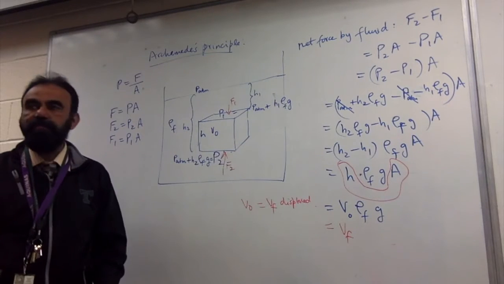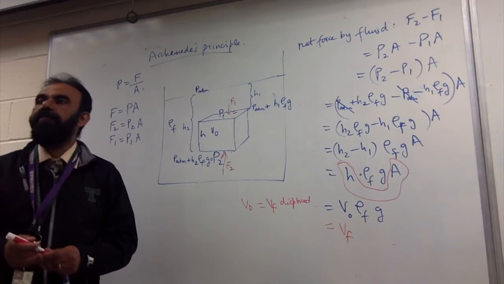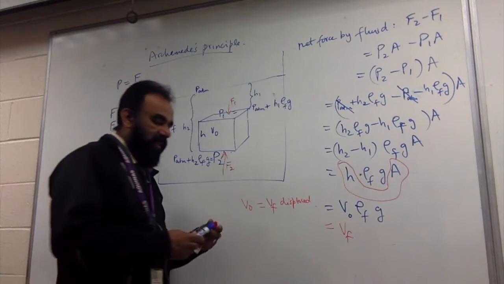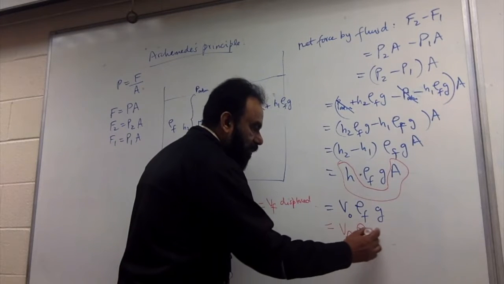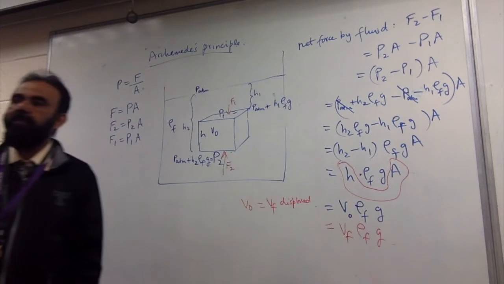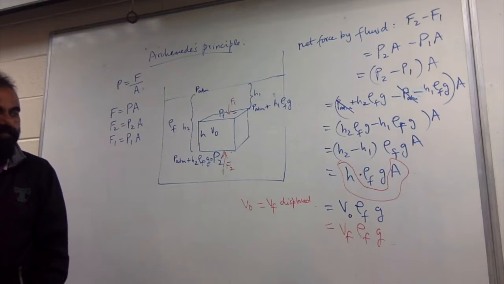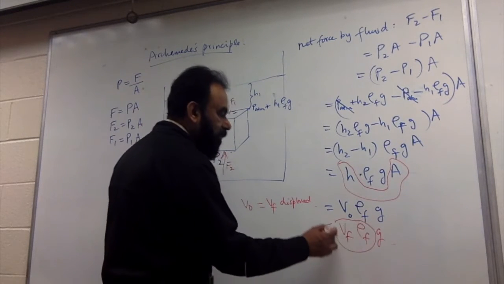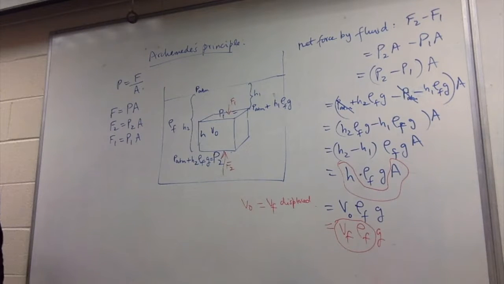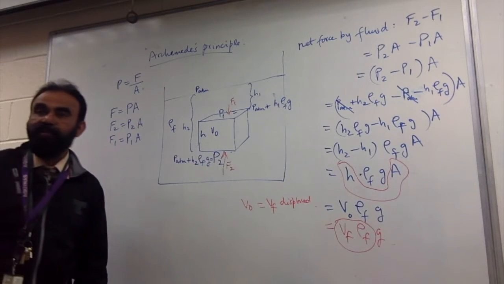Because it's fully inside the water, or inside the liquid, we have Vf times rho F times G because these are equal. Now what is the product of Vf and rho F?